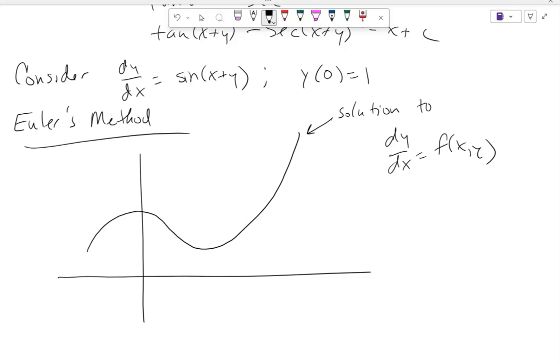We start with a first order differential equation. We write it in that normal form where we have it solved for y prime. Okay. So the right-hand side is a function of x and y. And again, we have some initial condition. Let's say when you put in x naught, you get out y naught.